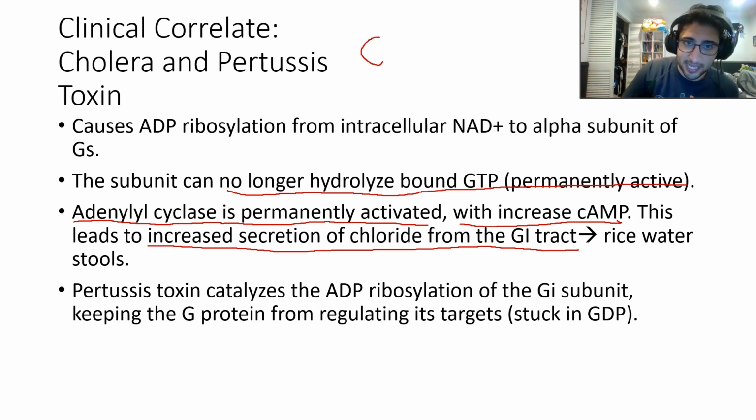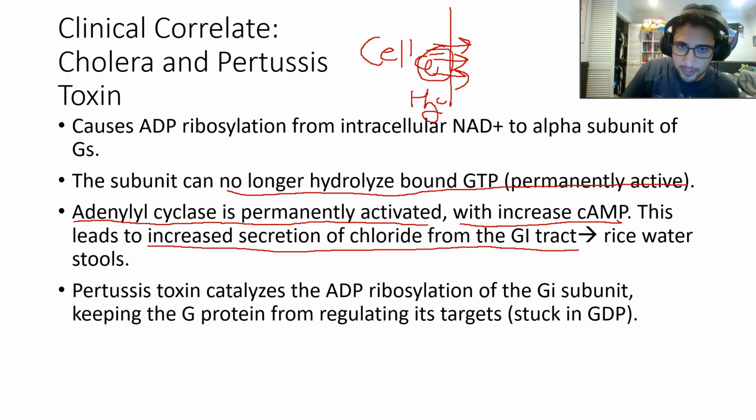So if this was the cell, and it has these pumps or channels, the chloride is being pushed into here. And where ions go, water goes. So the ions get secreted into the lumen or opening of the GI tract, and the water will go with it, and what we'll get is rice water stool.